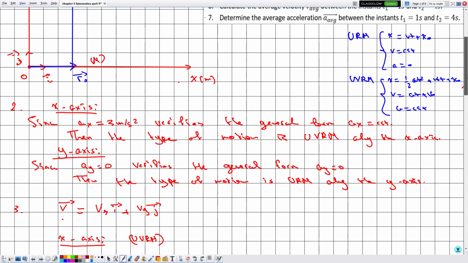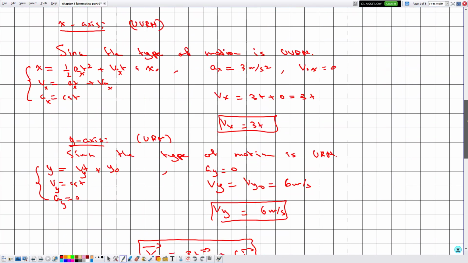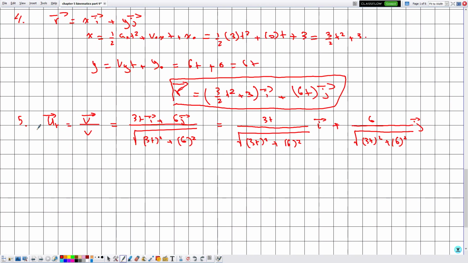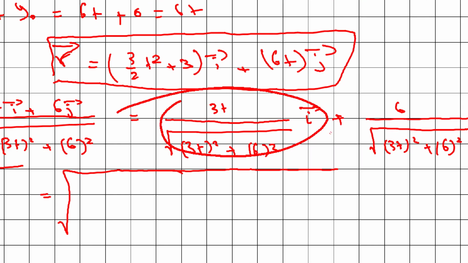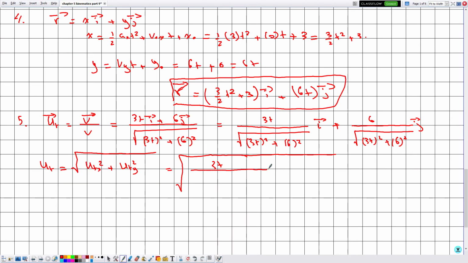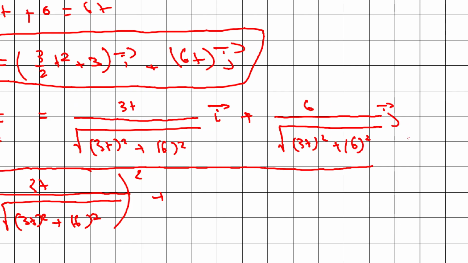Now they are telling me to verify that its magnitude is equal to 1. Then the magnitude of any vector can be done by dropping down the vector and taking the square root of the sum of its components raised to the power 2. Now this is the x component. And this is the y component.